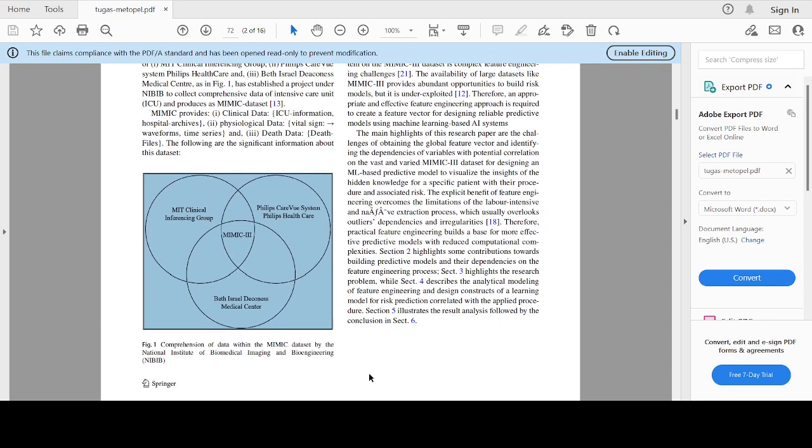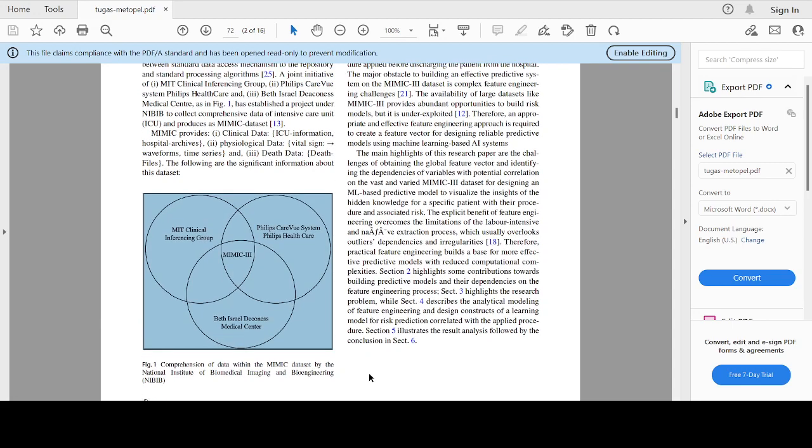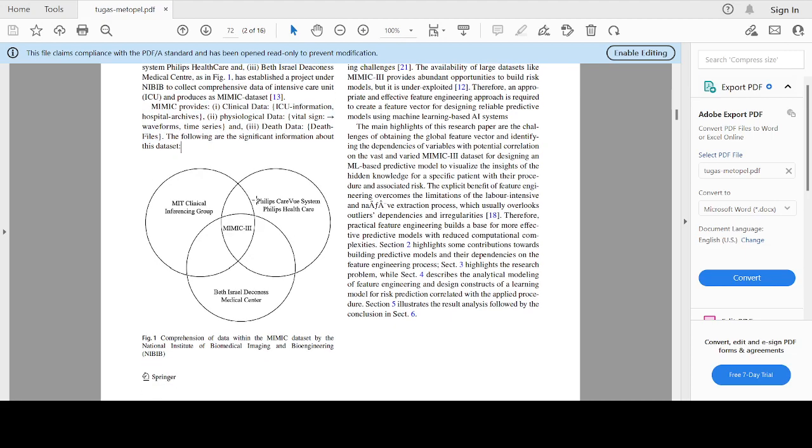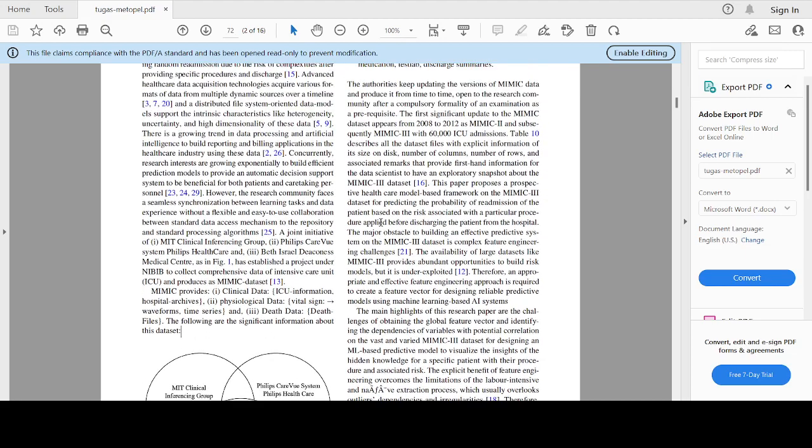But it is open source data, and it is reliable data that has already been used many times by researchers. So yeah, okay, continue on.